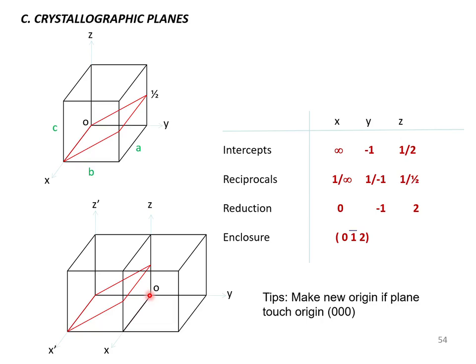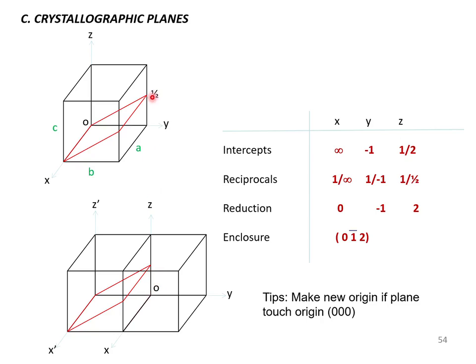This is the new axis, x, y, and z. Here we can see the x-axis intercepts at infinity all along. Y is going to the left. This is positive, this is negative, so this is -1. And z is going up.